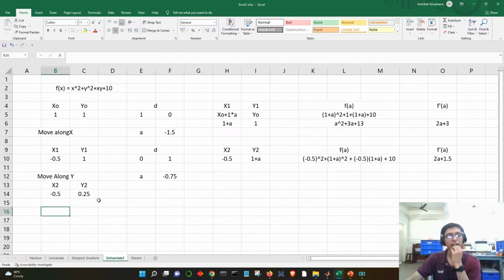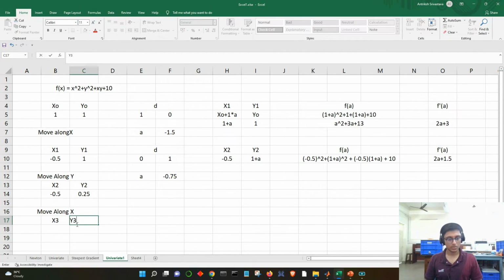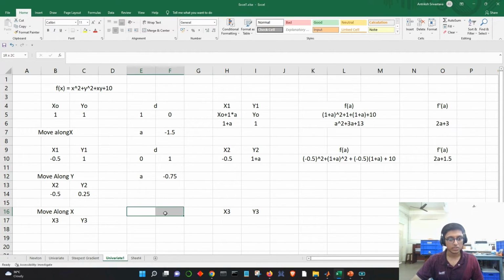Now again we will move along x. We have new values, so I should write d also, right?